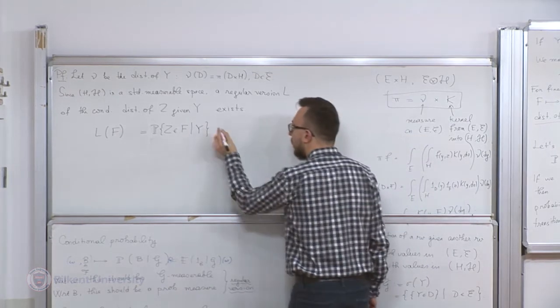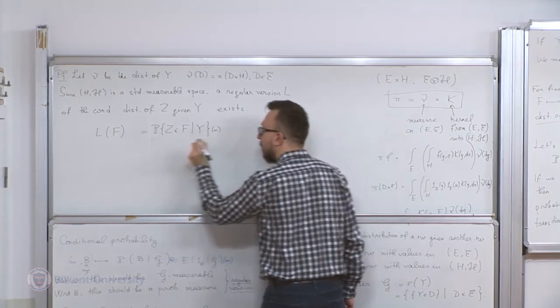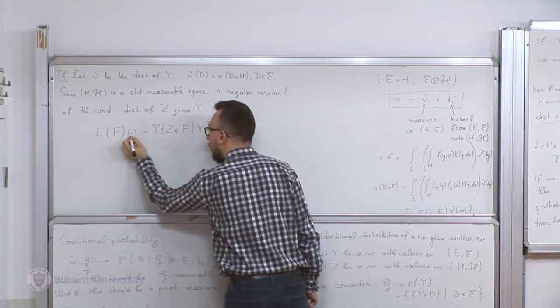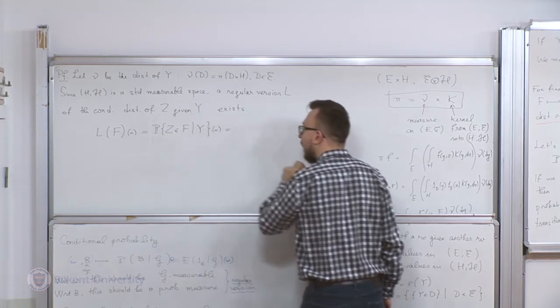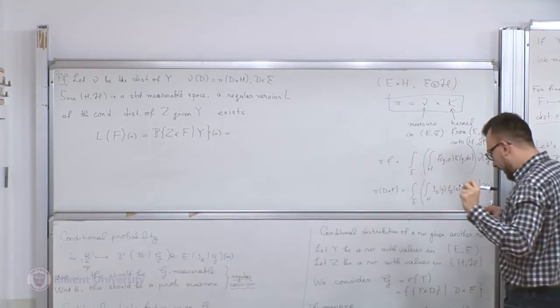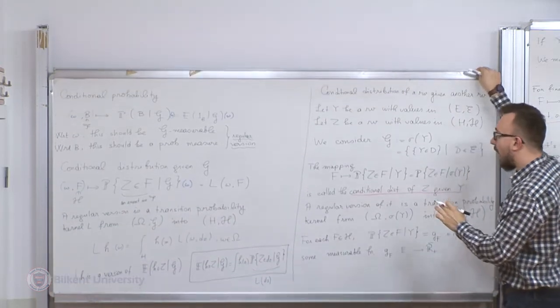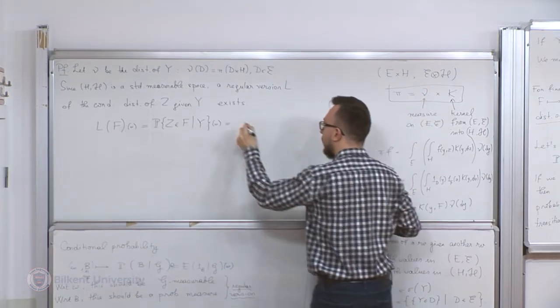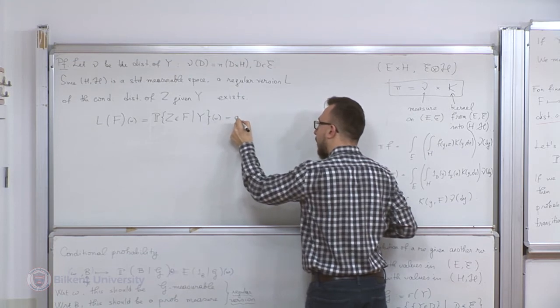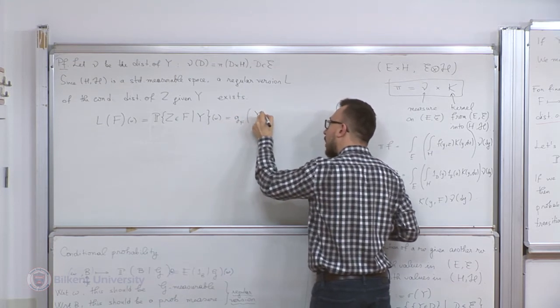So if we look at it at an omega, because it's a random variable, this is going to be a function of y as we argued before. So let's write it as g_F(y(omega)).